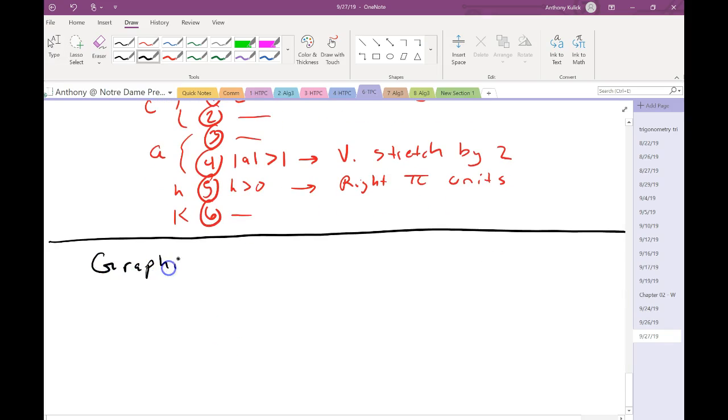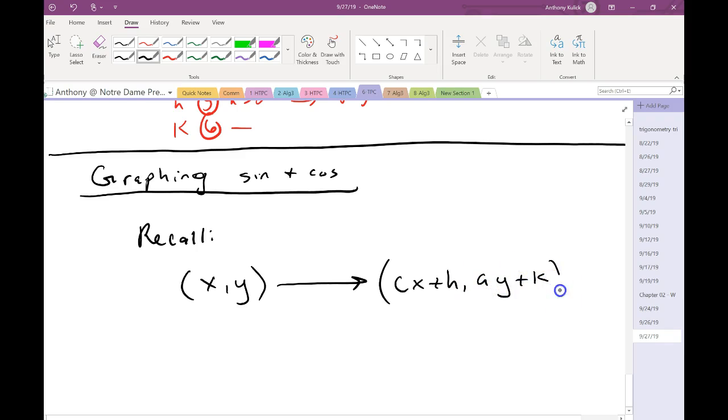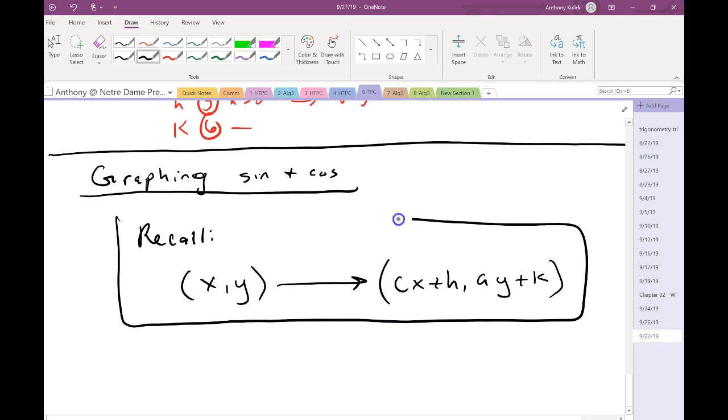So the last topic I want to talk about today is actually graphing. And the tool that I'm going to use to do the graphing is going to be this transformation map that we talked about back in chapter 1.